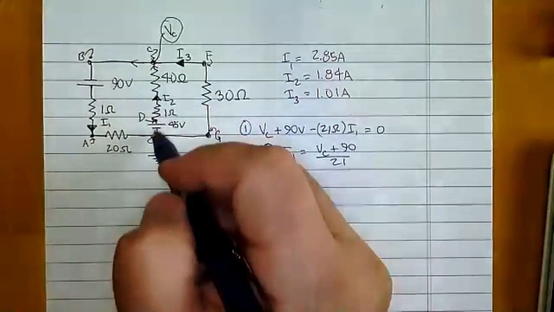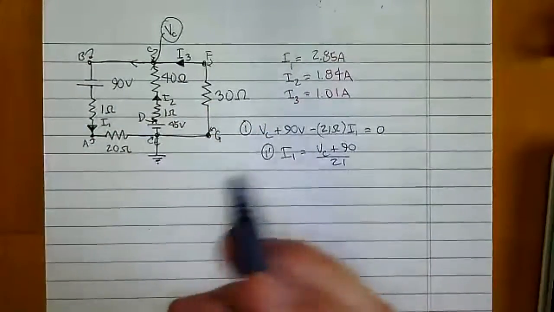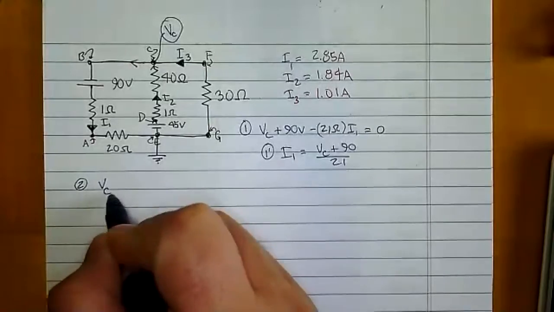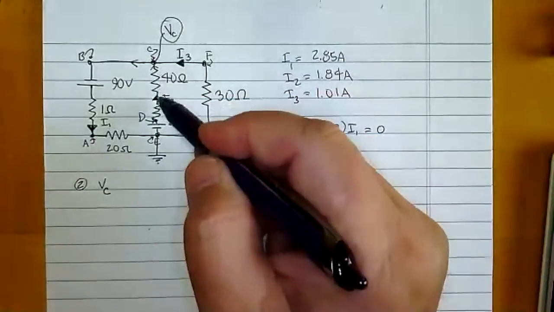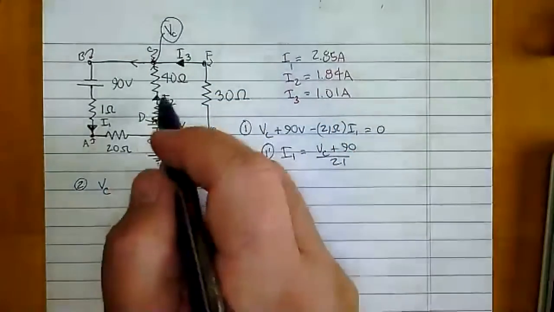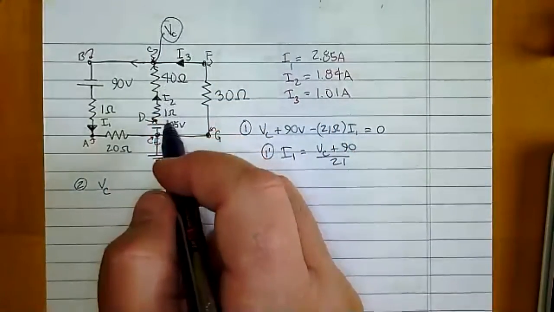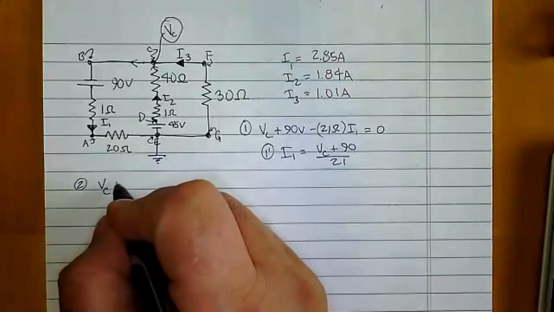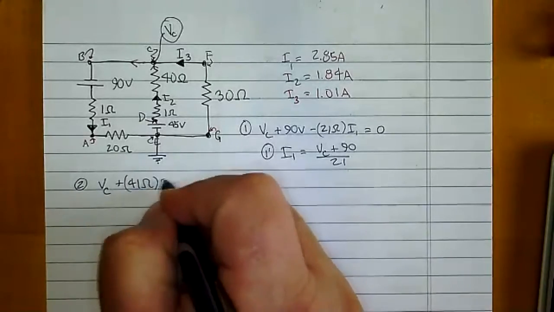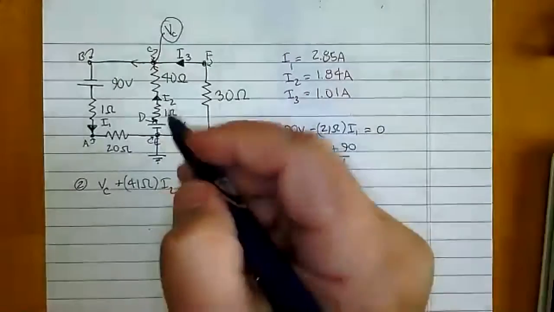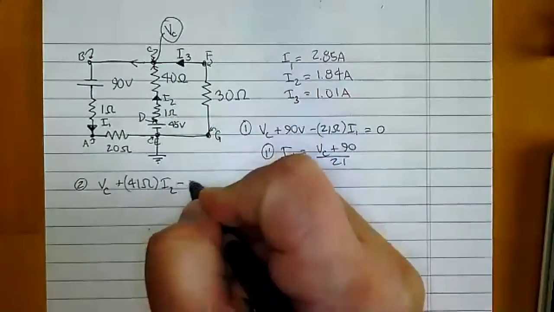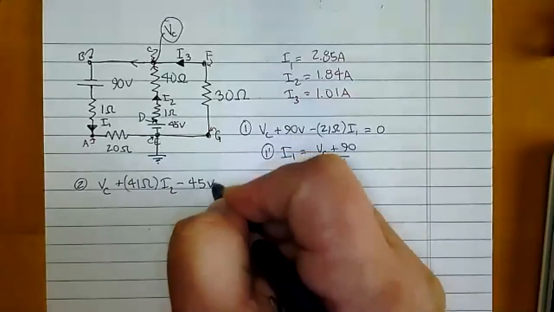Now I'm going to do the center node, and I'm going to do it the exact same way. Here's equation 2. I'm going to say we started at voltage VC. Now I'm going against the direction of the current, so going across this resistor is a voltage increase, and there's a 40 ohm times I2 and a 1 ohm times I2, so I'm going to call that plus 41 ohms times I2. But now I'm going from the positive terminal of a battery to the negative terminal, so that's a voltage drop of 45 volts.